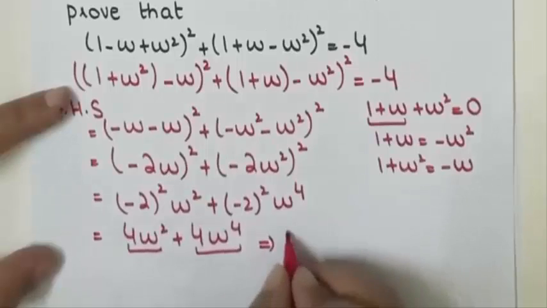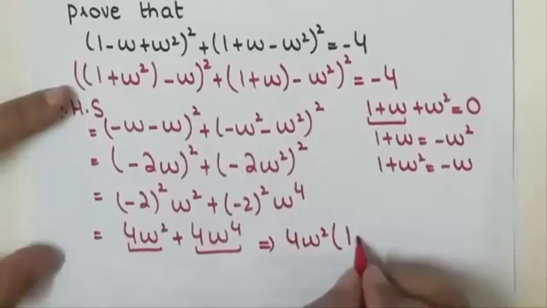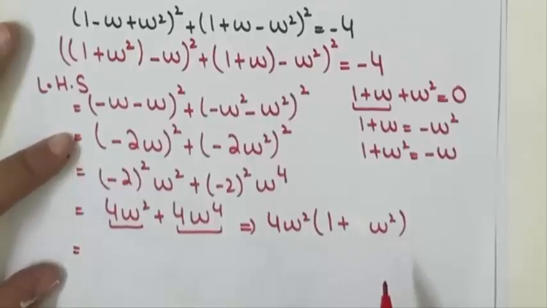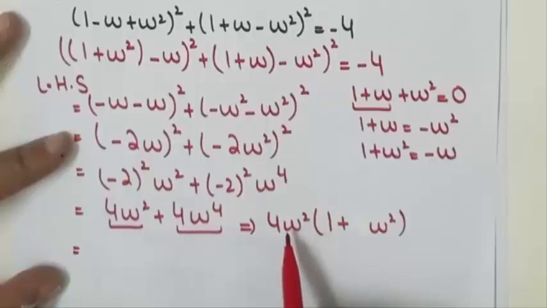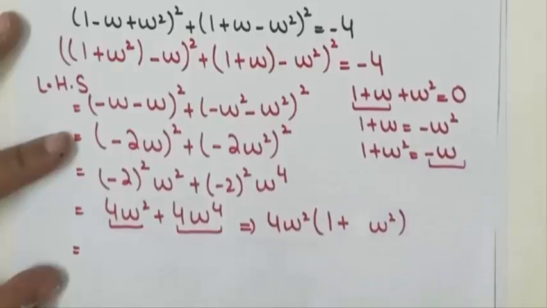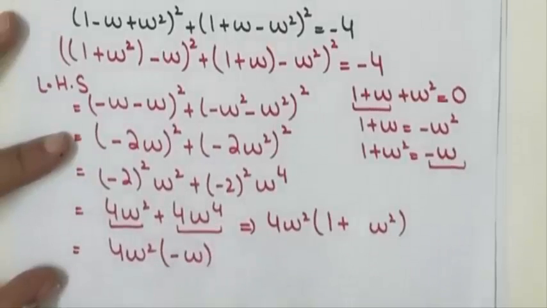So we will take 4 omega square common and we have 1 plus omega square, because we have omega 4, so we have taken square common, so omega square will be left. So 1 plus omega square, which means minus omega, 4 omega square into minus omega.